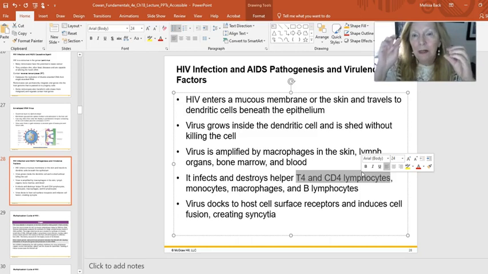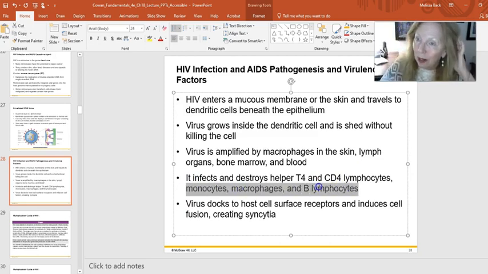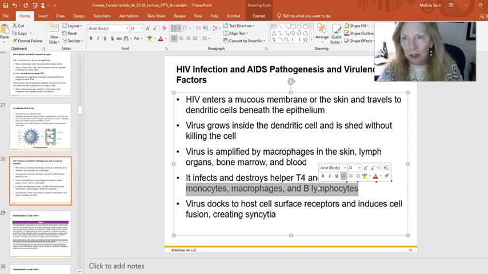So it's essentially by attacking these cells, specifically the CD4 cells, that this cripples your immune system. But it also has attachment sites for other types of white cells. So again, just a very devastating virus because of the cells that it attaches to and can decrease in number.